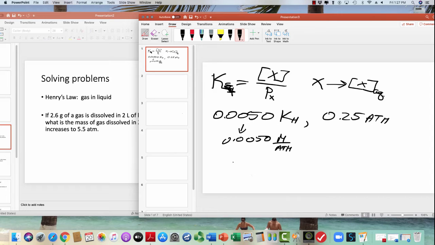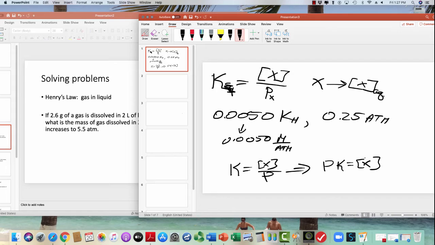To solve this, K is equal to the concentration of X over the pressure. Multiply both sides by pressure, so pressure times K is equal to the concentration of X, and this is where you use your handy dandy calculator. You may use mine, or your phone, whatever calculator you like.